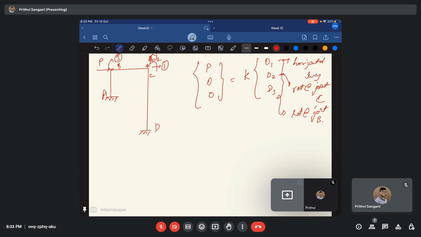The second step: once we found the stiffness matrix, we can find the unknown forces or the unknown displacements by the compatibility condition. The compatibility condition is nothing but the force being the matrix multiplication of the stiffness matrix with the displacements.